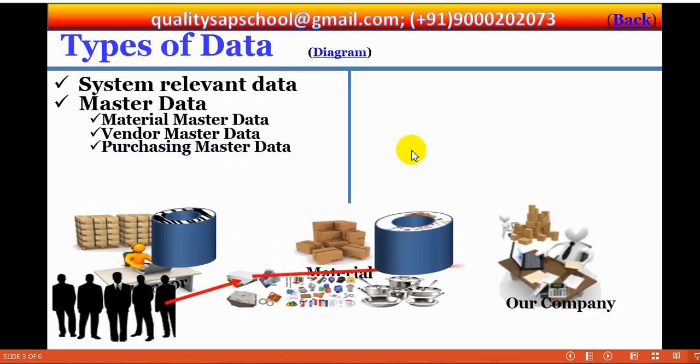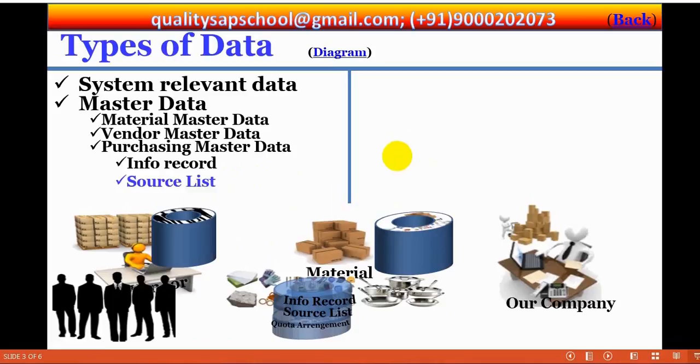In that we have another 3 types of master data. One is info record, which we have discussed. Another one is source list, and also a quota arrangement. It is an instrument used in source determination. When determining the source, at that time source list and quota arrangements are useful.